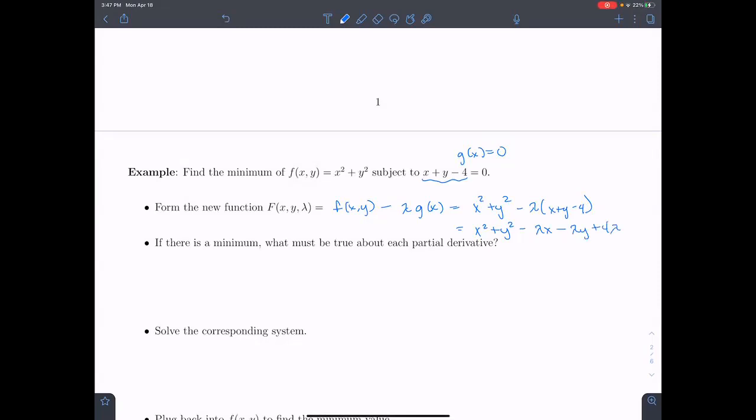Okay, so if there is a minimum to this, what's true about a minimum of a function? That the derivative is 0, right? So in this case, each partial derivative has to be 0. That's the slope of the tangent plane. So how we're going to do this is find the partials and set them both equal to 0. We're going to do big F sub x and big F sub y.